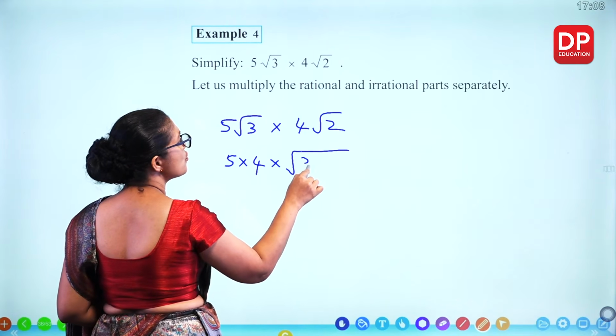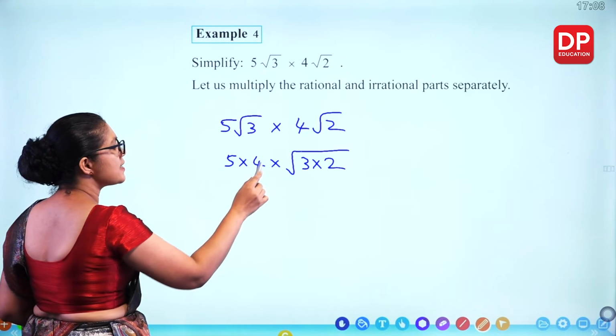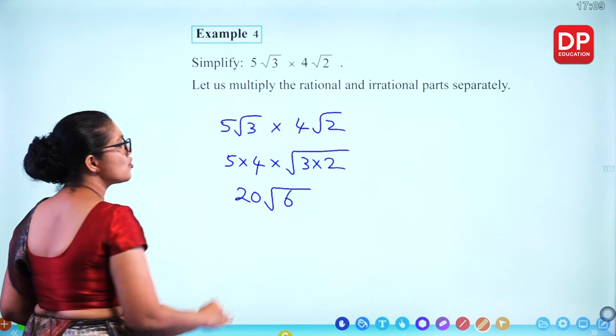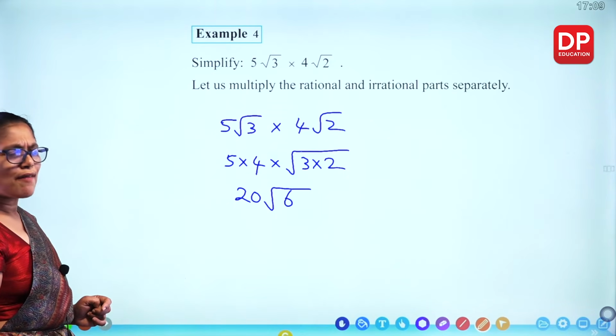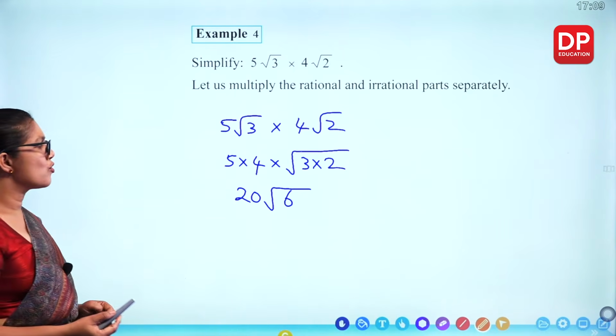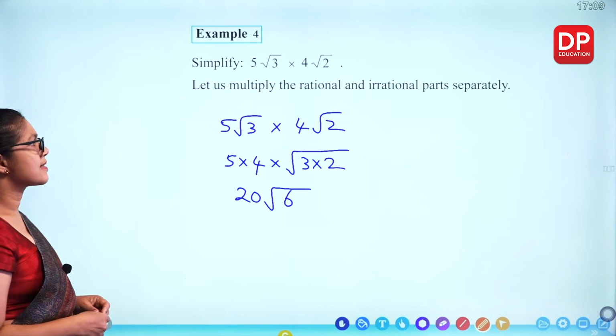Root 3 times root 2 you can write 3 times 2. So what is 5 times 4? You get 20. 3 times 2 you get 6. So can we simplify further? No. 6 you can't write as a square number. So you have to keep the answer as 20 root 6.